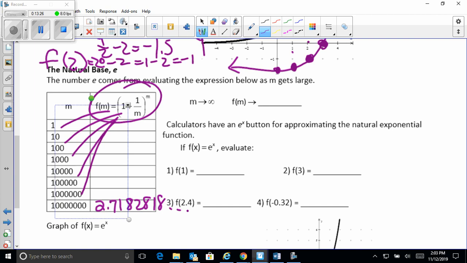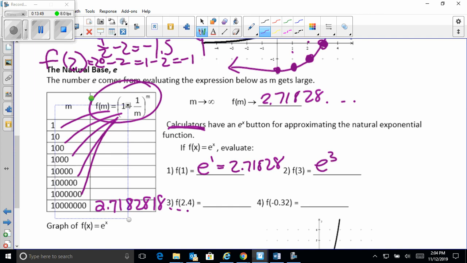So as m goes to infinity, our function goes to 2.71828. So for these, we would just plug it into the calculator. E to the 1, 2.71828. That's what that's converging to.